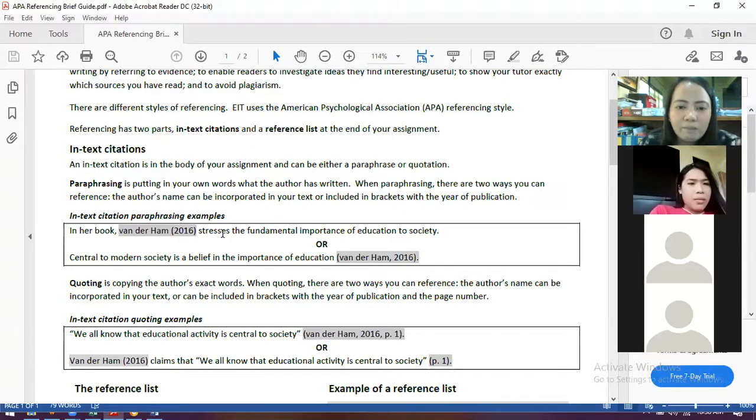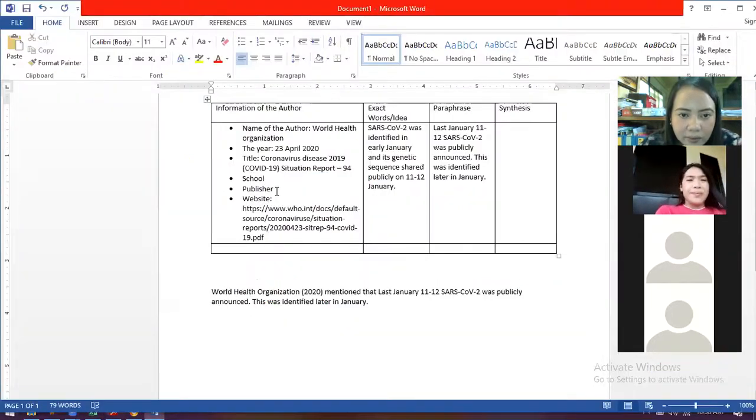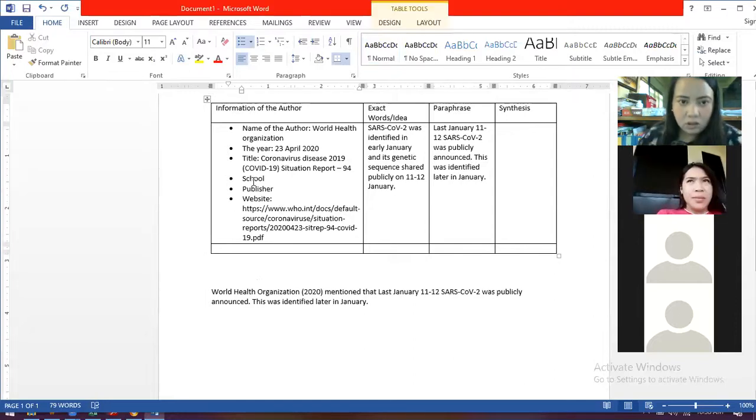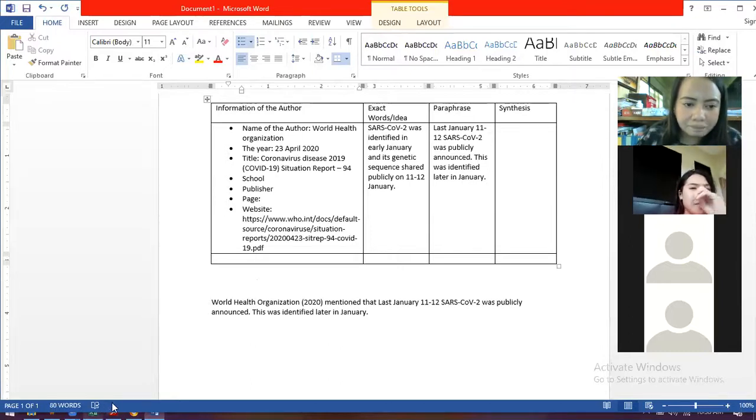Sa quotation, we make use of the name of the author, the year, with the page kung saan ninyo nakuha yung idea. So definitely, pagbalik ninyo doon dito sa Word natin, kailangan nyo rin isama yung page. Halimbawa, dito, mag-insert kayo ng page if ever needed siya. Okay? So, ganon.